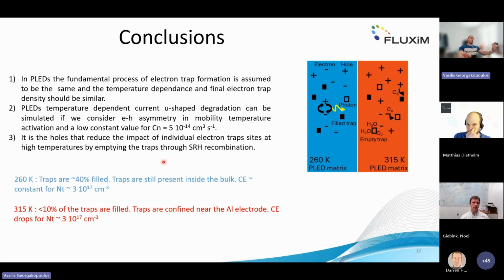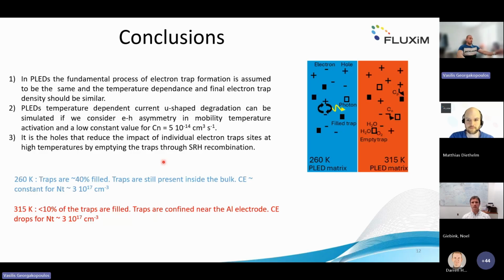So the takeaway message is: what is the picture inside the PLED at low and high temperatures? At low temperatures, the traps are about 40% filled in the PLED. The traps are still present inside the bulk, and the current efficiency is more or less constant at the final trap density.